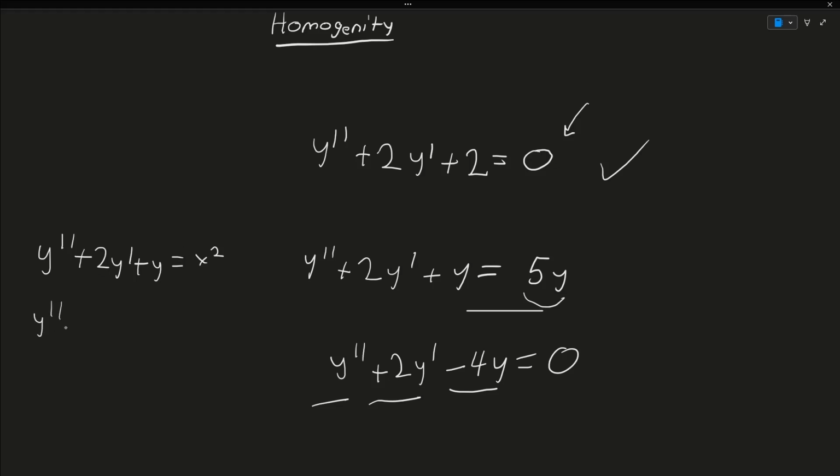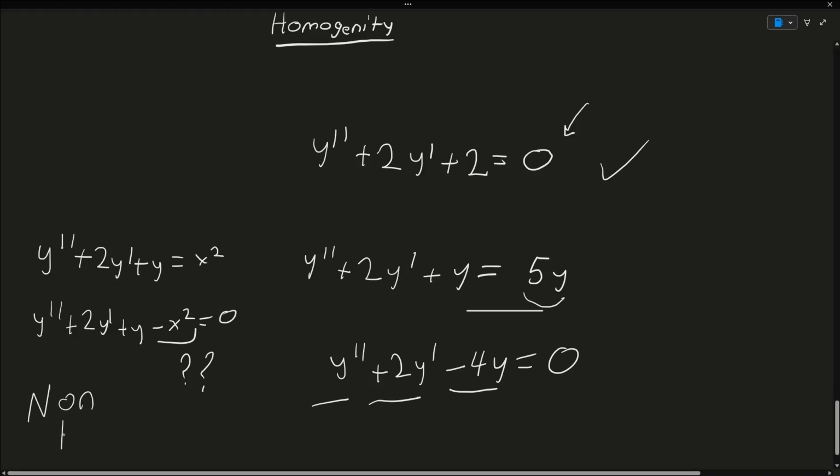Let me just illustrate that real quick. We would have something like this. However, there's no y here. This is not a good thing because if this was multiplied with a y or a y prime, we could make this work, but unfortunately this is not the case, so this will be non-homogeneous.